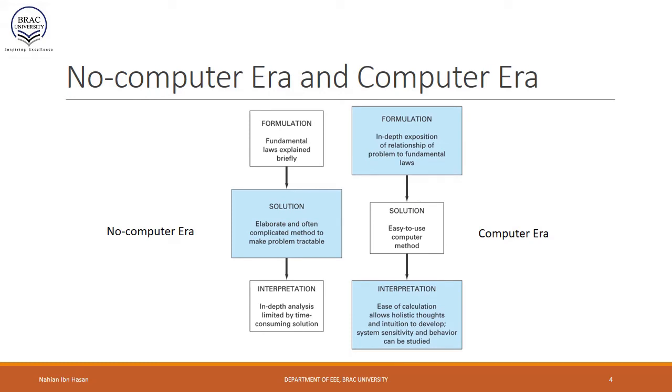In this picture we are seeing the processes that the engineers had to go through before the computers and after the computers. In the left column we are seeing that most of the problems are formulated or modeled using various mathematical models, and those models were solved using analytical methods. After getting the results, the results were interpreted in depth.